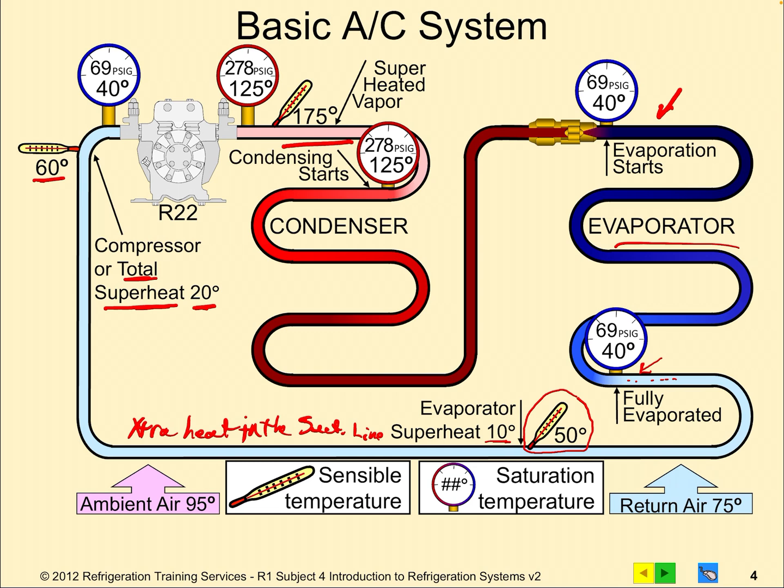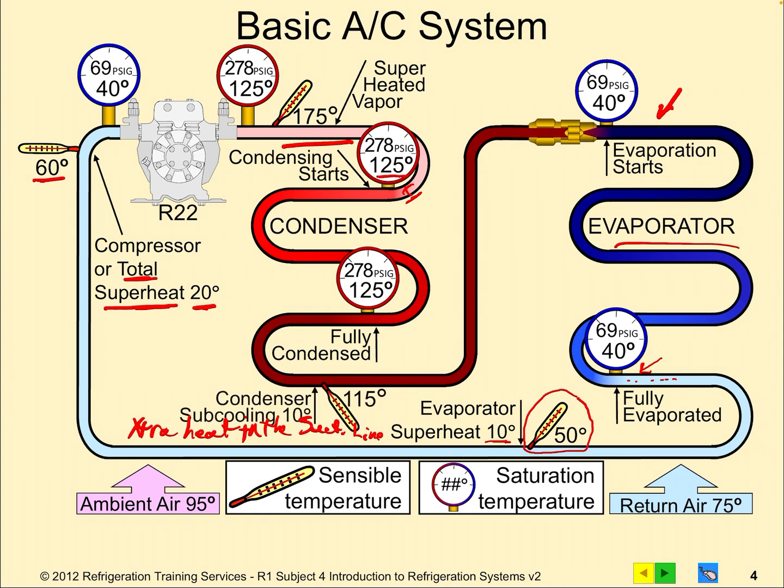In this case, condensing is going to start only at the point where we drop it down to the actual temperature of 125, where we can say that is my condensing temp. And by the time I get out of that condenser, I will have been fully condensed. At least that's what we would expect it to be.